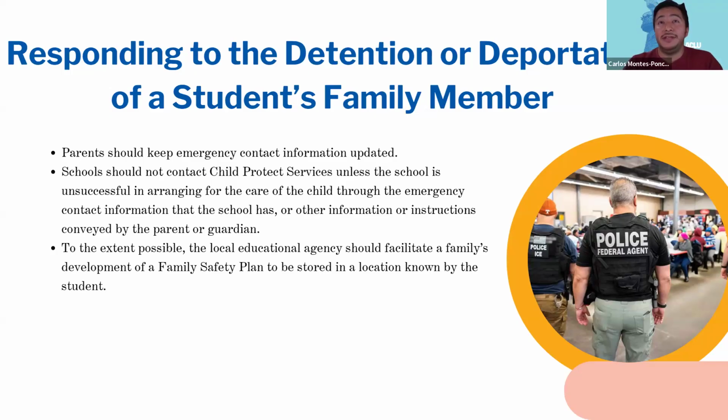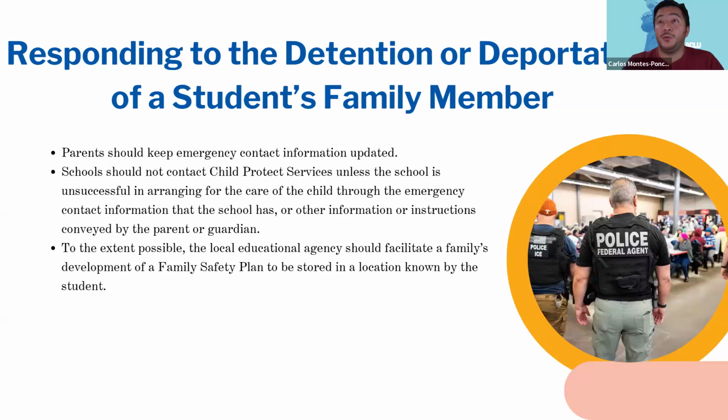For example, schools should not contact child protection services unless the school is unsuccessful in arranging for the care of the child through the emergency contact information that the school has, or other information or instructions conveyed by the parent or guardian.